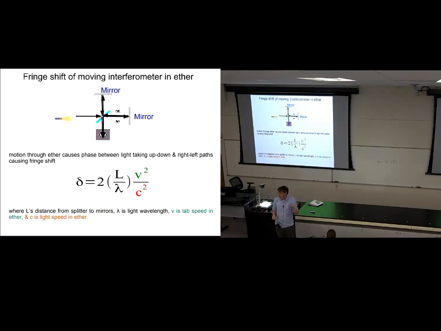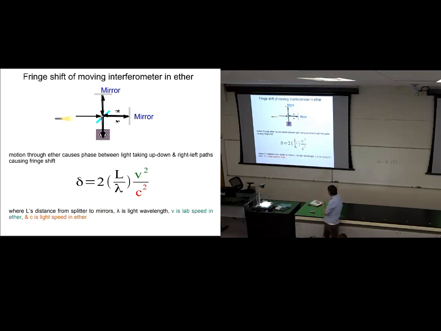Uppercase L is the distance to the mirrors, which might be on the scale of meters. Lambda is, of course, the wavelength of the light, so that's going to be 400 nanometers if you've got blue light, or 700 nanometers if you've got red light. So that's the L and the lambda. They reflect the particular interferometer that you've happened to buy or use or make.